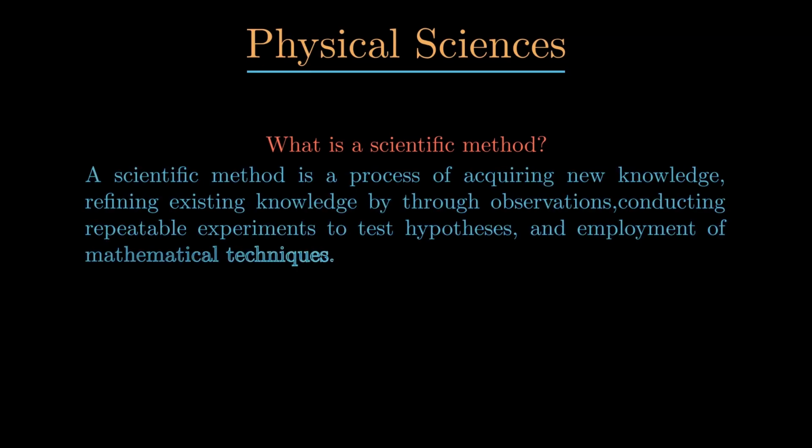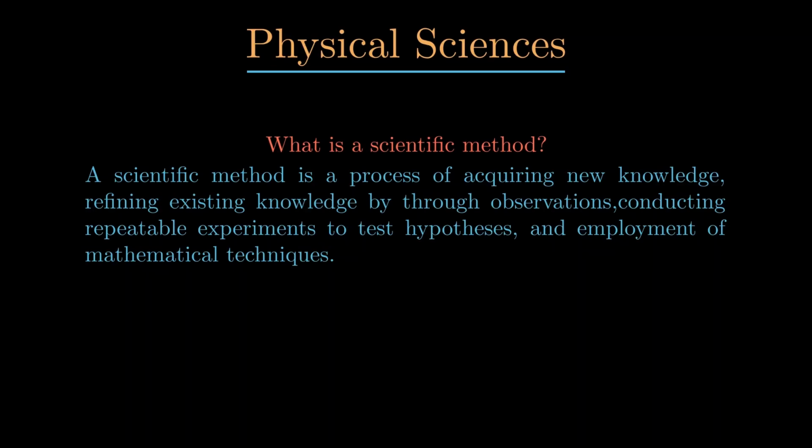Let's go on, and you can see the key thing here again describing scientific method is it's one way of acquiring new knowledge, or validating or refining the existing knowledge, or testing a hypothesis.